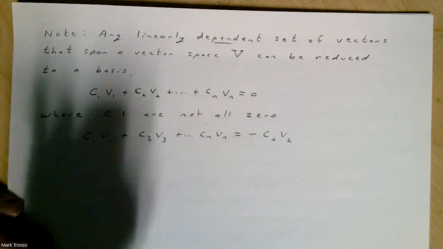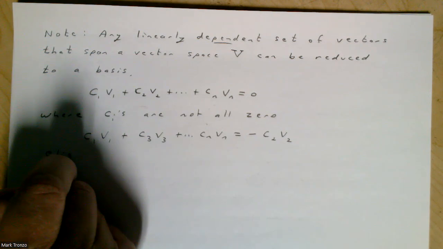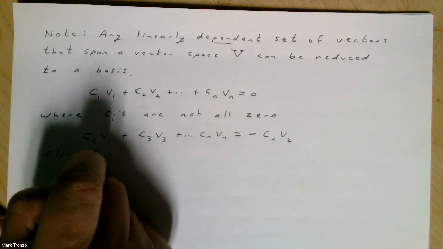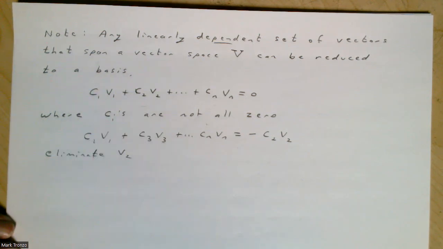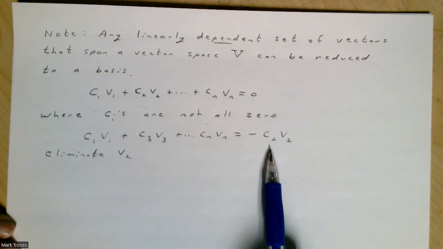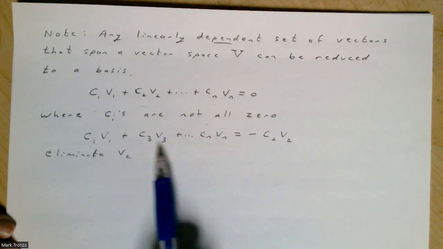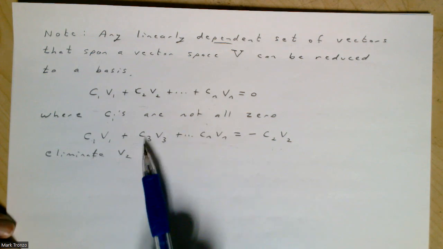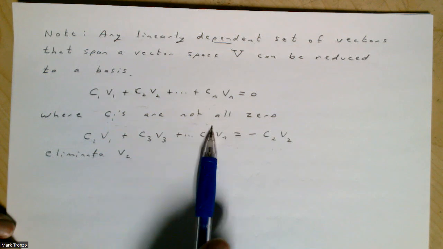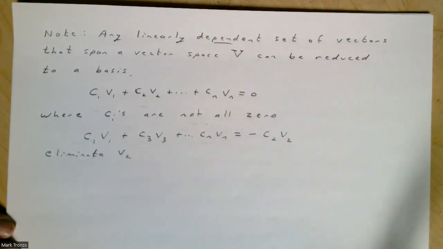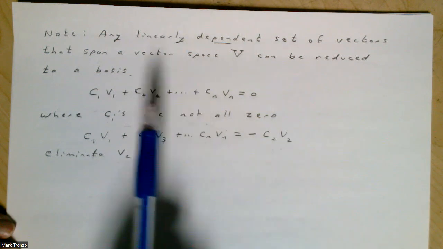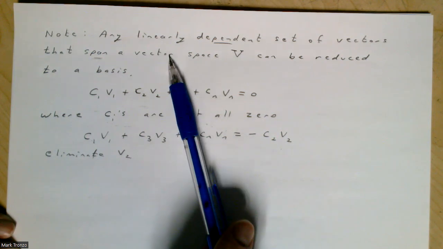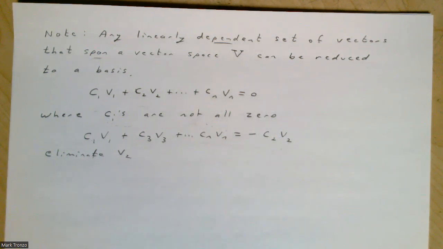So that means you can eliminate V2, because it was a vector you didn't need, because you can create it by using the other vectors. And then you could keep doing that until you got all the constants to be zero to make this zero. So as long as they span the space, you can always reduce your linearly dependent set to a basis.